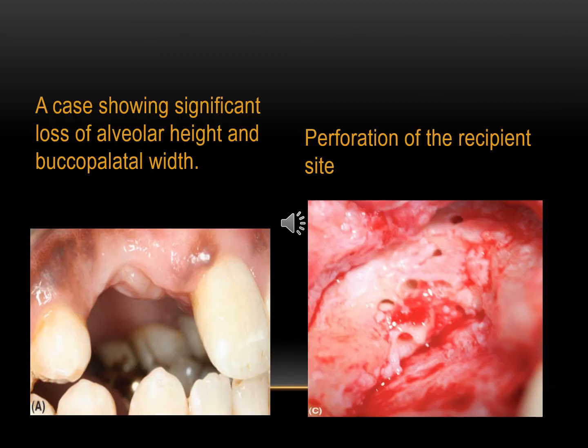Here in the first picture you can see the bone defect. The second picture, after flap reflection, you see we made perforation in the bone to encourage the bleeding from the cancellous bone and increase the vascularization of the bone graft, which we want to put on the bony defect.